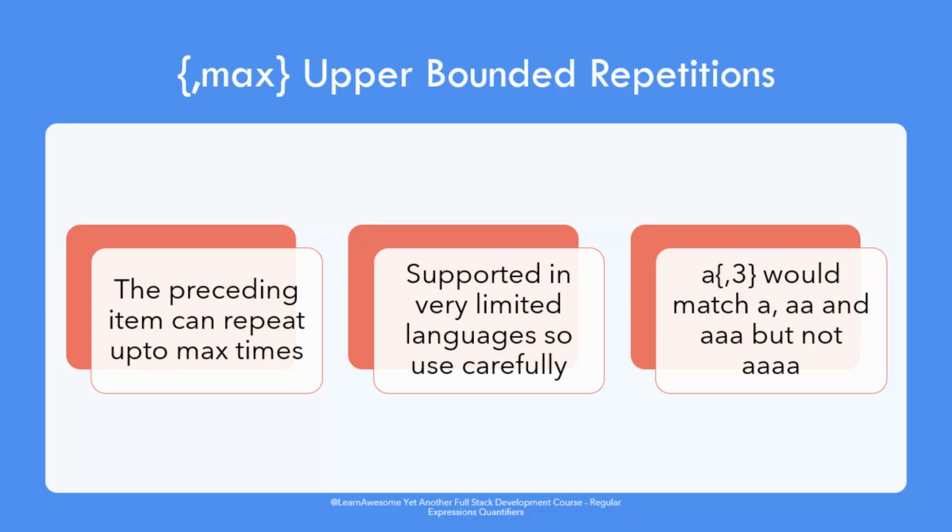Before using, always check if the language or parser you are using even supports that, and I would strongly advise you to avoid it unless necessary and you don't have a workaround. If you do end up using it, the syntax is pretty much the same as others, like A{,3}, which matches A, AA, and AAA, but not AAAA or any further repetitions.